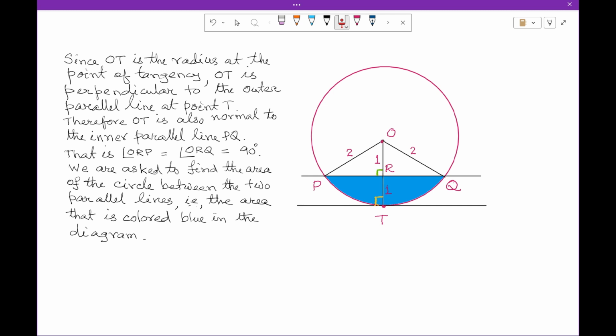So we can say that angle ORP is equal to angle ORQ is equal to 90 degree. We are asked to find the area of the circle between the two parallel lines, that is, the area that is colored blue in the diagram. That means we have to find out the area of these areas.